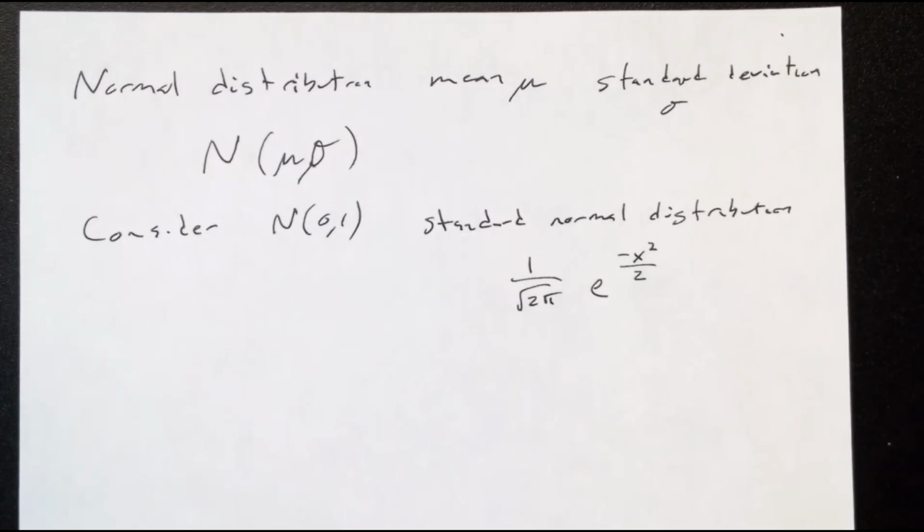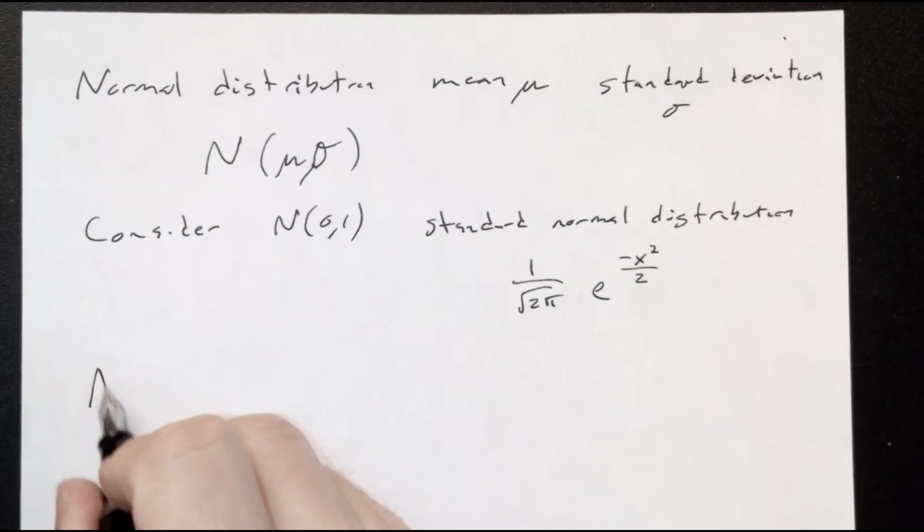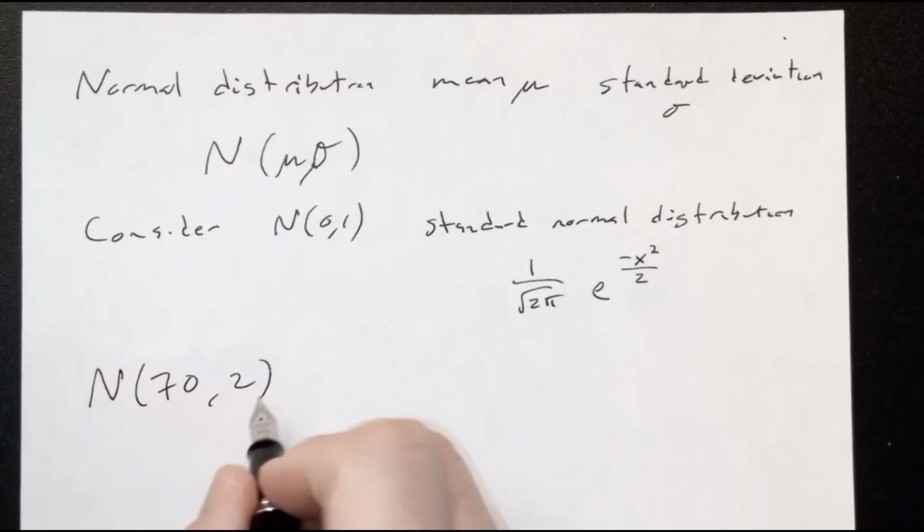But let's suppose for a moment that I am using a function for a population of people. Male height. The average height of an American male is 70 inches, 5'10". The standard deviation is 2 inches. So I can think about that.